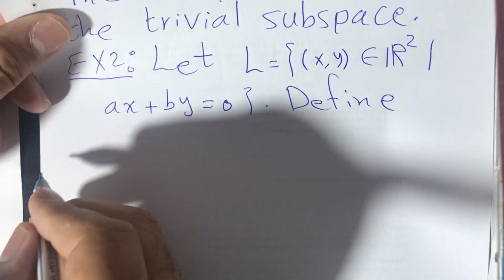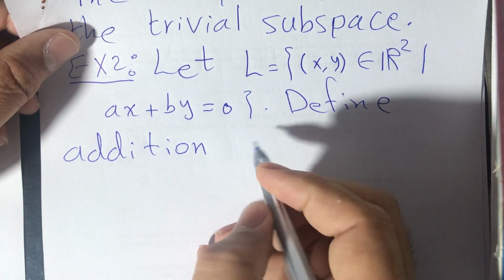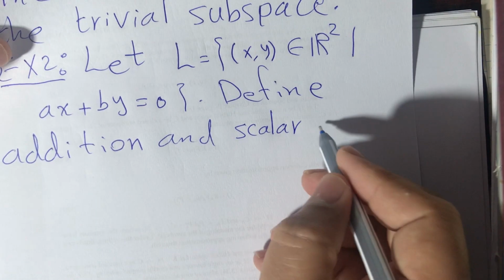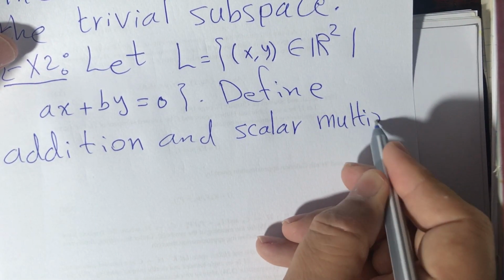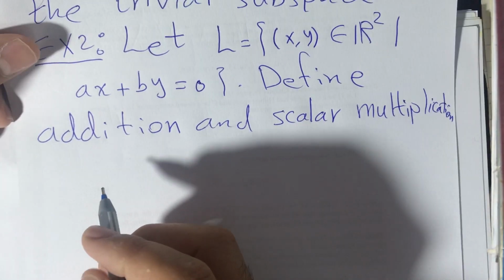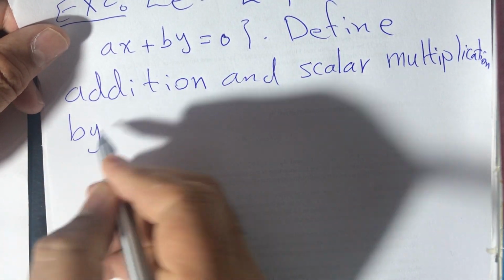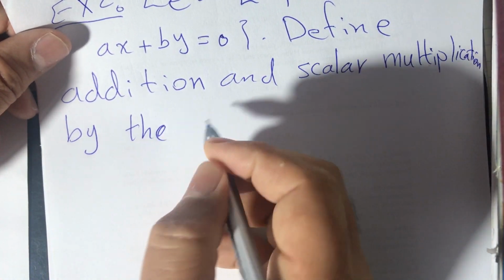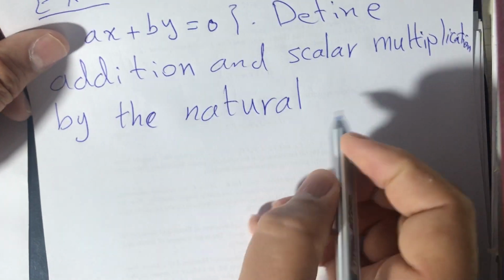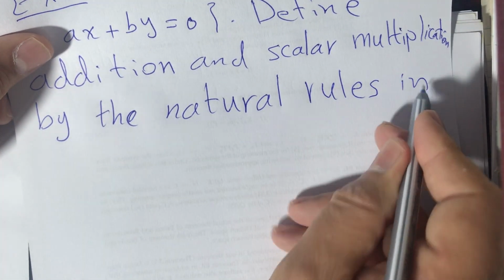Define addition and scalar multiplication by the natural rules in R2.